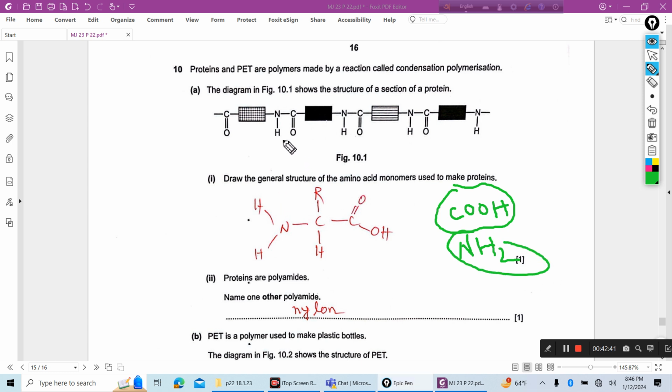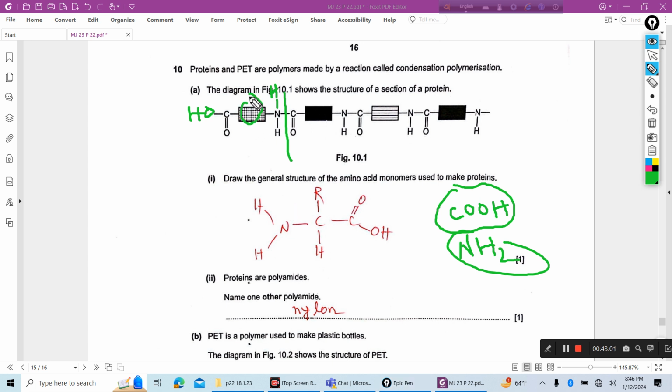So here if you give one monomer, OH in the carboxyl group, and here if you give one hydrogen, so this is the general formula.